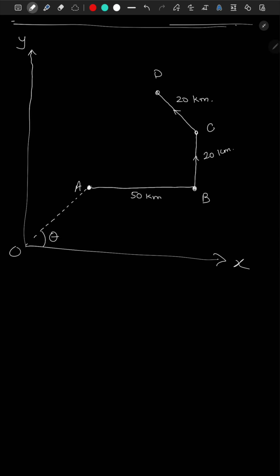Now, what is the displacement of the boat? The displacement of the boat is clearly from A to D in this direction. So this is the displacement AD of the boat.